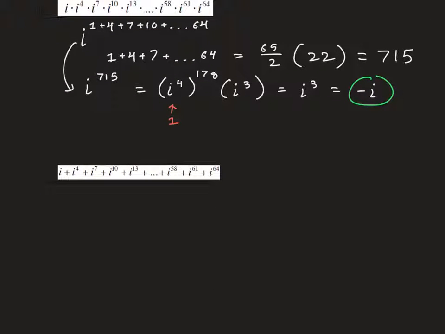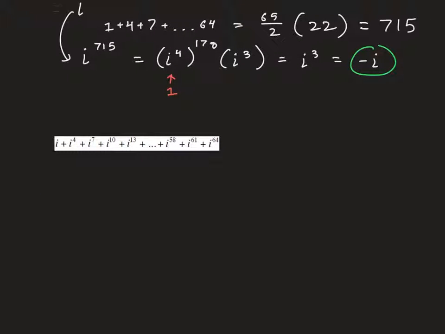Now let's look at the denominator. This is a little bit harder because we're adding, so you can't just group the exponents onto one I. So let's just write it ourselves. So let's look at those four first.